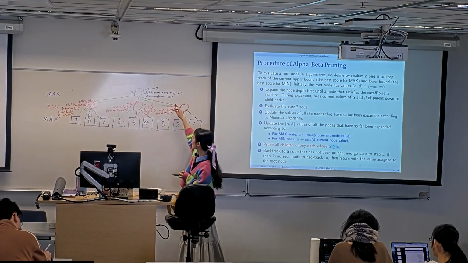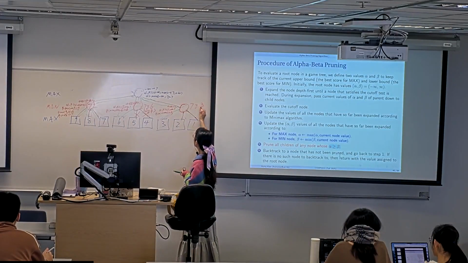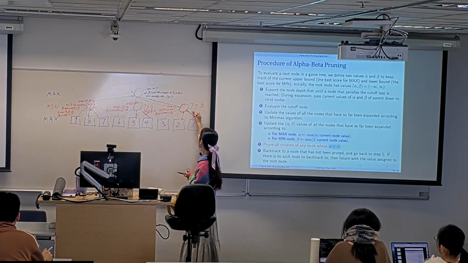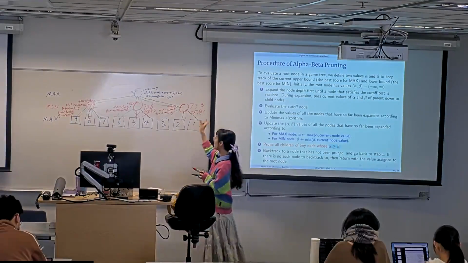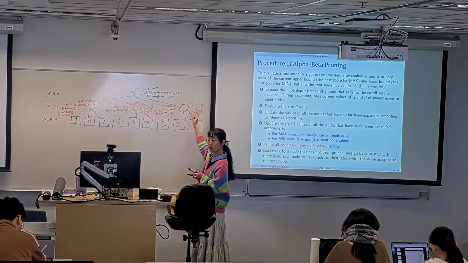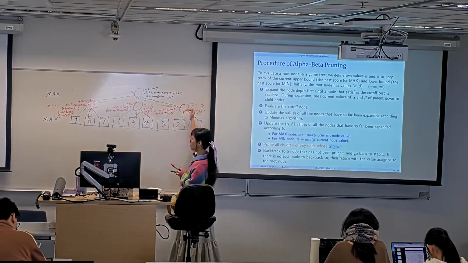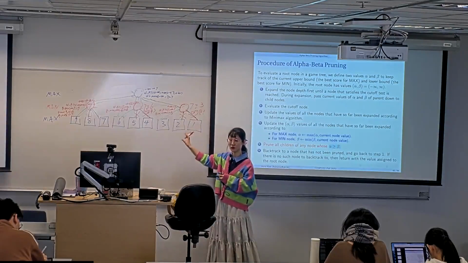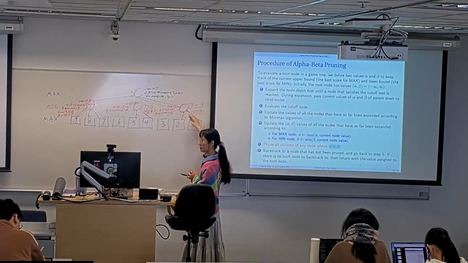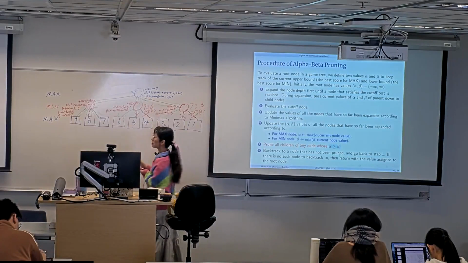And alpha is 7, beta is 3. So again, we find that alpha is larger than or equal to beta at this moment. And this satisfying condition means that we need to prune all the remaining children for this node. So that's why all these 2 branches will get pruned, because the condition alpha larger than or equal to beta is already satisfied. And then we go back to check the parent node.